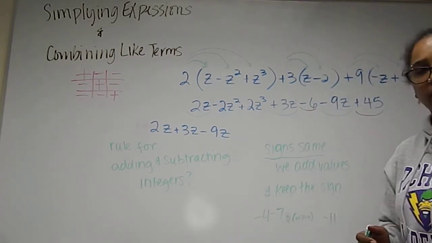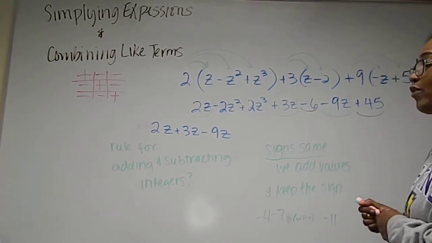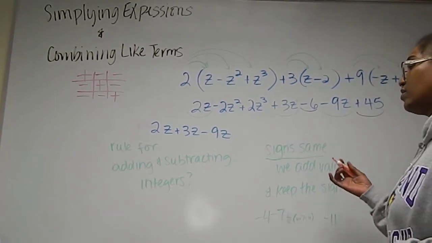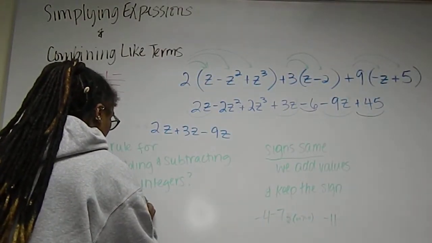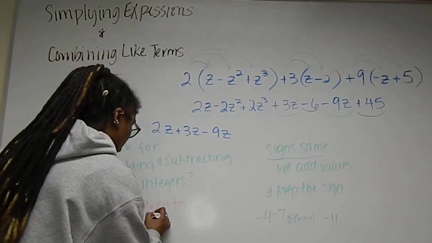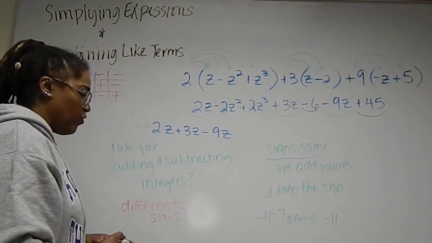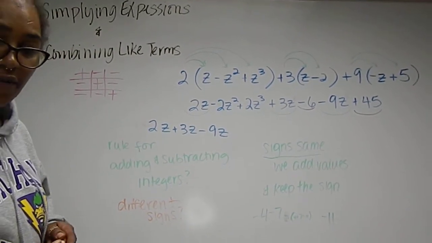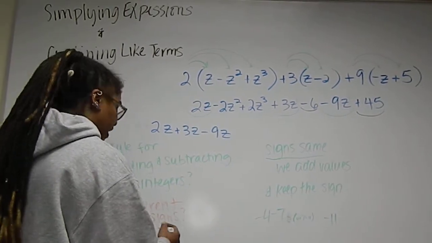What about when our signs are different? What about when we have different signs and we're adding and subtracting the integers? What do we do for different signs? Can y'all still see that? Might have to get a new orange. So for different signs, we subtract our values.